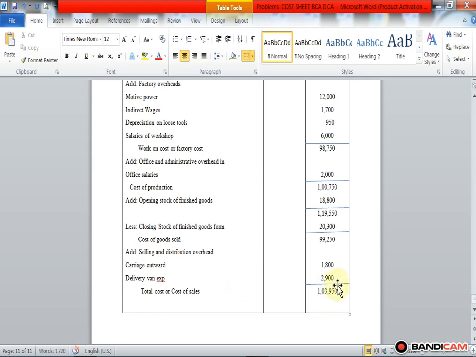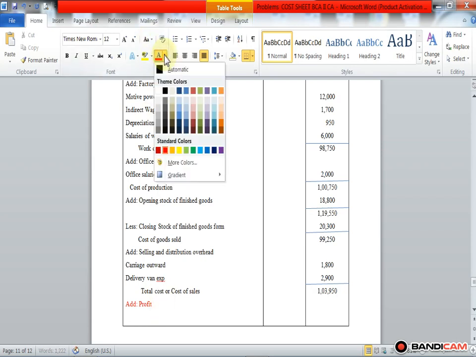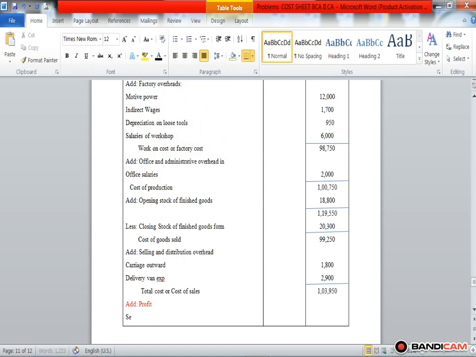Here we add profit. How do we find out the profit? By deducting the total cost from the total sales.